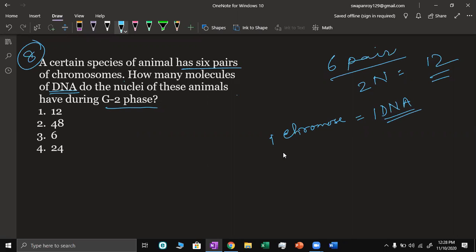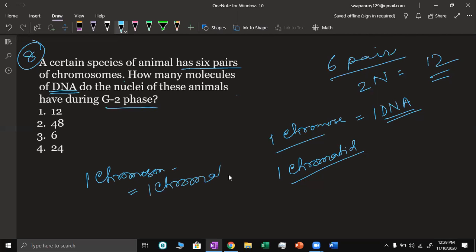Because each chromosome has one chromatid. Means one chromosome is equal to one chromatid, and it is made of one DNA molecule.